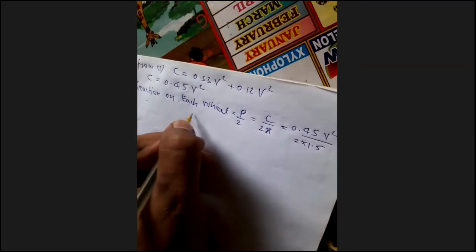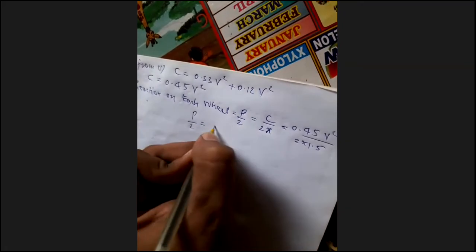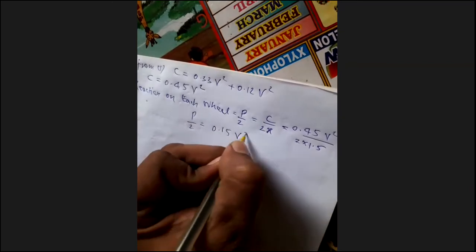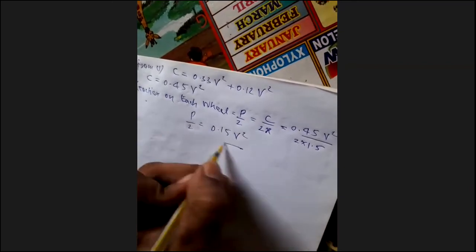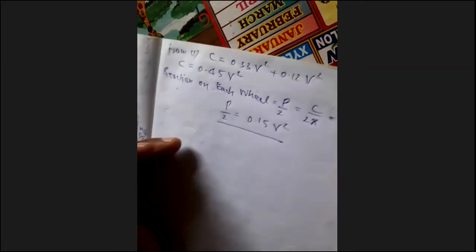So we are getting P by 2 equal to 0.15 V square. Okay, now this is the reaction due to gyroscopic couple. The third thing that we need to consider is overturning couple.